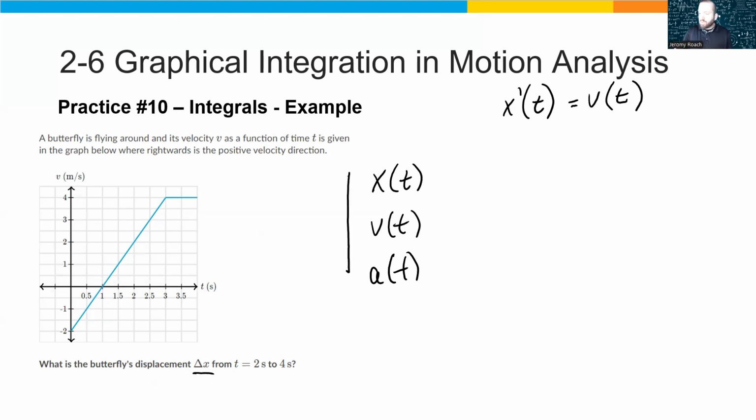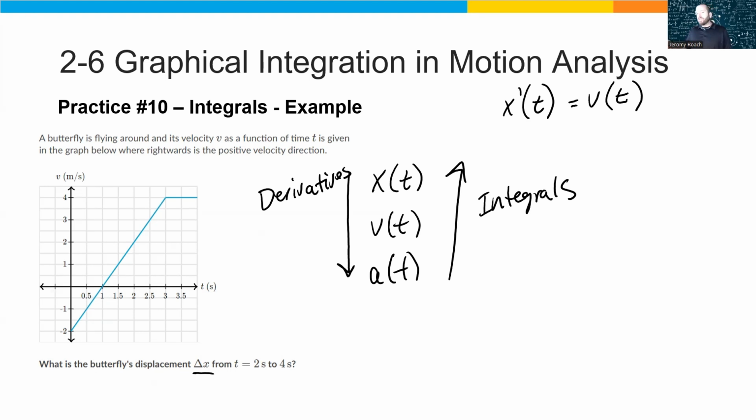So we go this way for derivatives, and we go the other way for integrals. I think that's probably the easiest way to remember those. So as we take the derivative of displacement, we get velocity. As we take the derivative of velocity, we get acceleration.